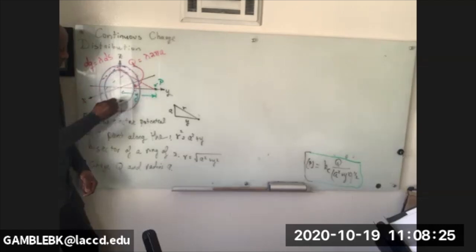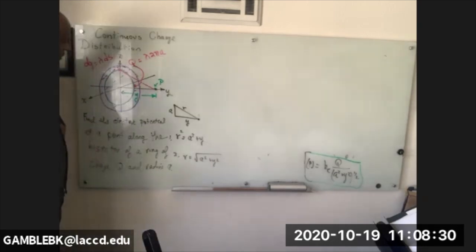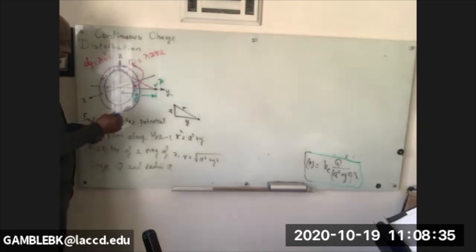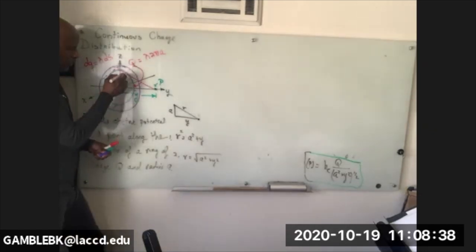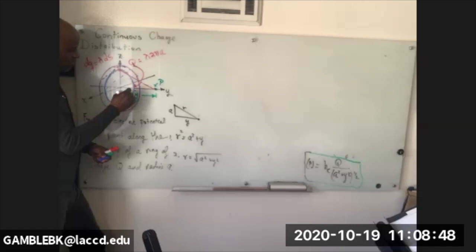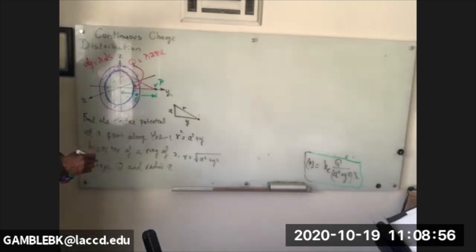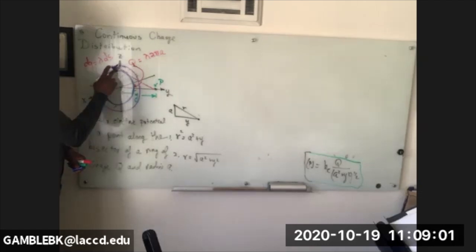It's a disk. It's getting a little messy. But this ring now is the differential element, where I've taken the ring and I'm going to look at the potential of rings. Give it a little bit of thickness there. A little thicker.